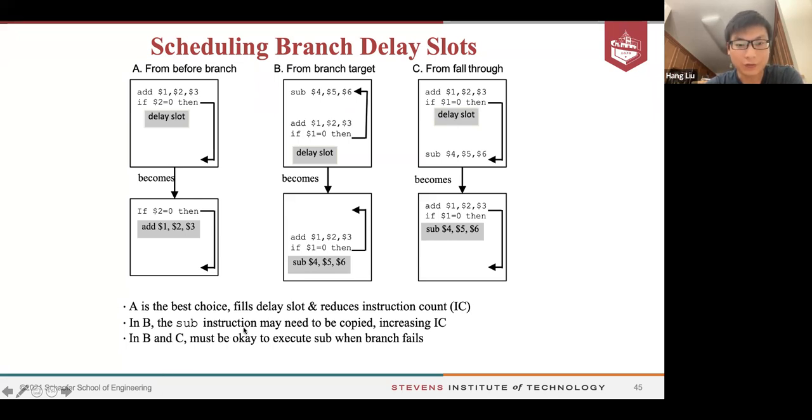So clearly A is the best choice because it fills the delay slot and also uses an instruction that always has to be executed. In B, the subtraction instruction might need to be copied. This increases the instruction count, right? In B and C, it must be okay to execute the sub when the branch fails, right? Like if the branch failed, you still have to execute the instruction.